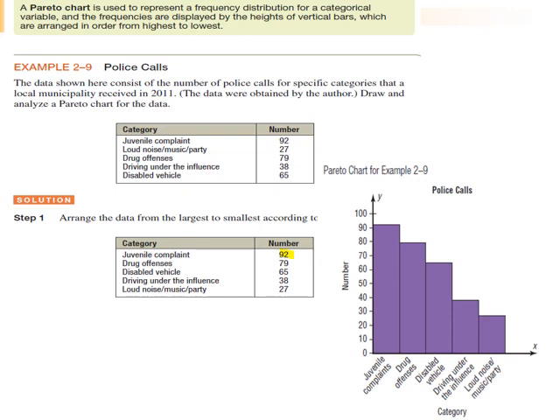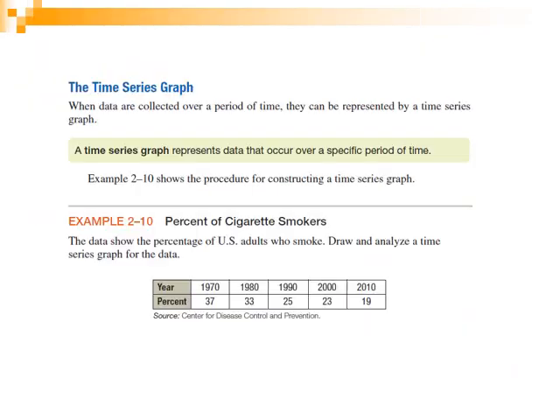So here the first bar is 92, the second bar is 79, the third bar is 65, then 38, and finally the fifth bar is 27. This gives us a quick review of what the highest frequency is and what the lowest number is. This is what the Pareto chart shows.